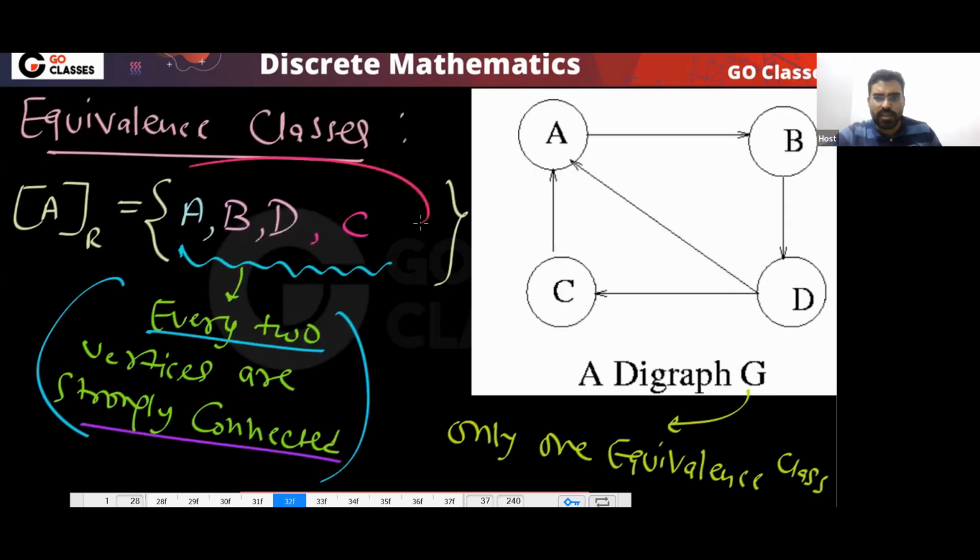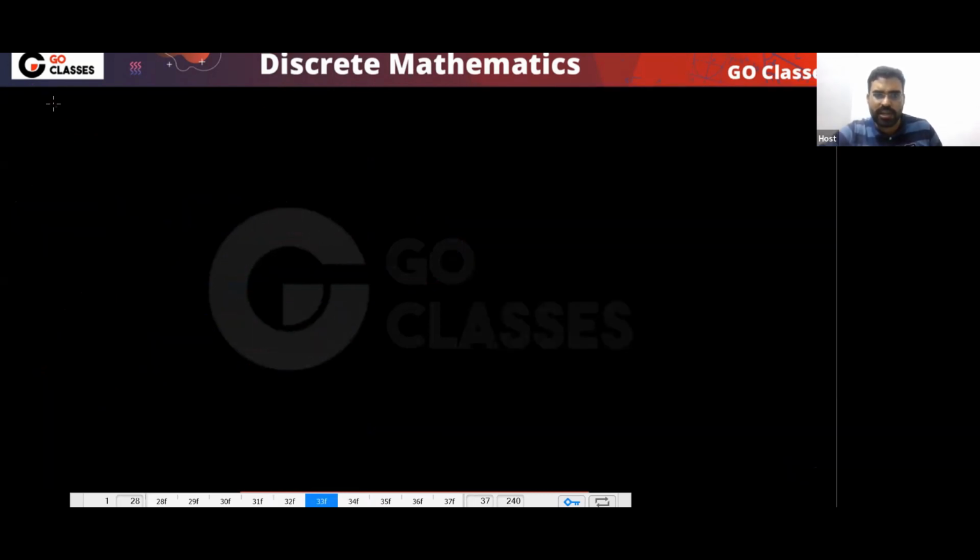Let me tell you one more thing. In this graph there is only one equivalence class, and this equivalence class is called a strongly connected component.